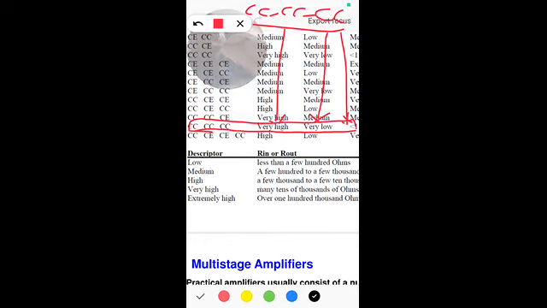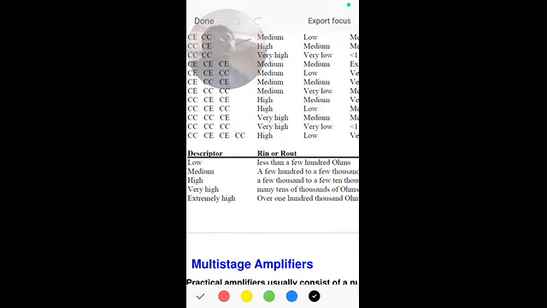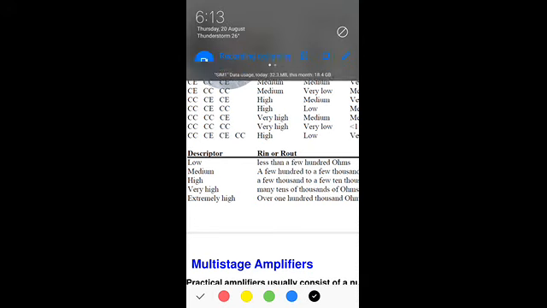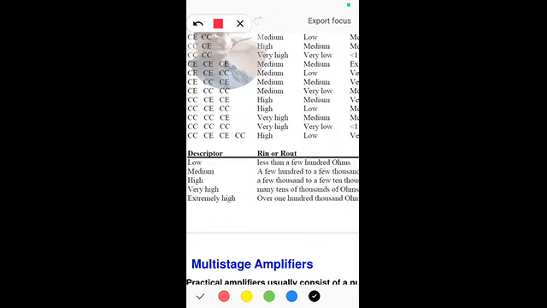And finally we'll consider the last configuration, that is CC, CE, CE, CC. At the input we have CC, so we have high input impedance. The middle two stages are going to give very high voltage gain, and at the last stage we have CC, so the output impedance is low.